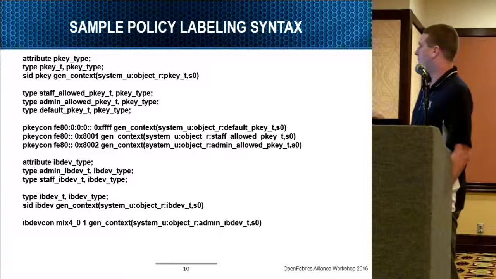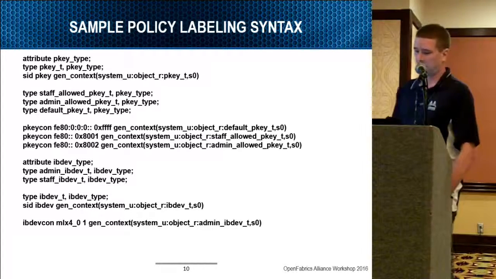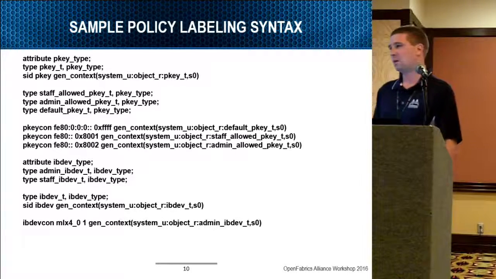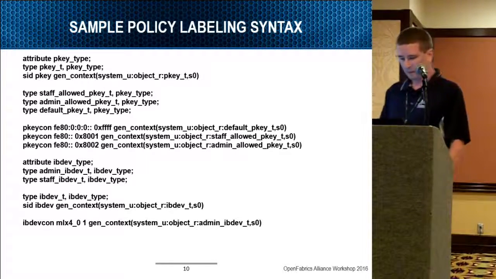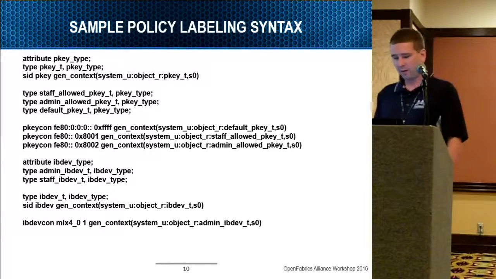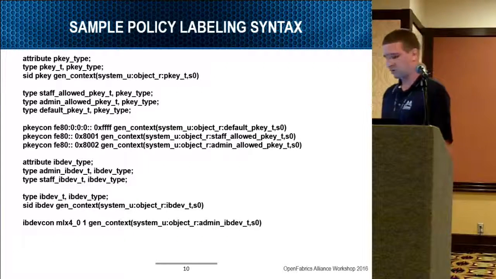And then we label two other ones, one with a staff allowed, and another that's admin allowed. So we can use this to isolate the staff and admin users from each other. And then we also label an InfiniBand device here for the SMI. MLX40 port 1. The admin is allowed to access the SMI on that device.